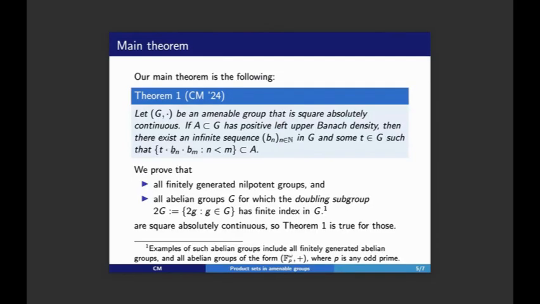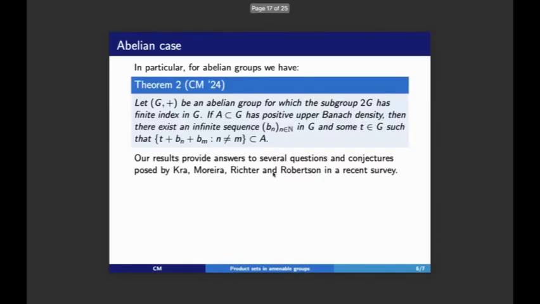We ask here that t times b_n times b_m, where n is smaller than m, is contained in A. For abelian groups, our theorem would give here n smaller than m, but since the group is abelian, we can interchange the role of n and m by just using commutativity, so we get this result, which is a bit stronger, but in fact it is equivalent.